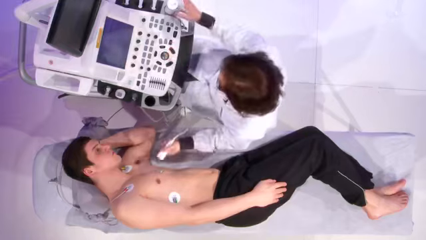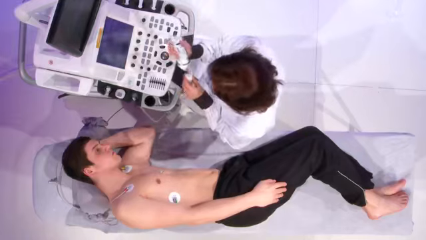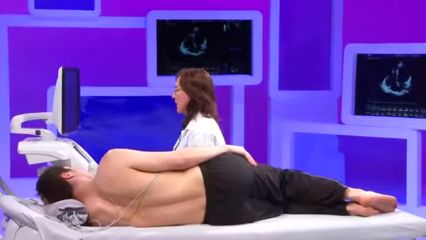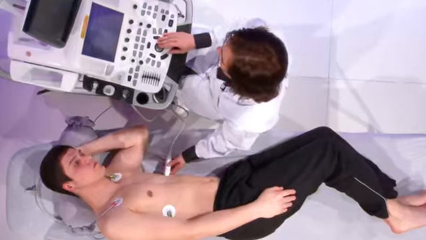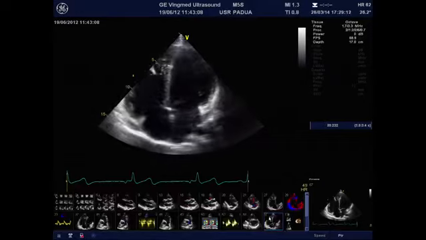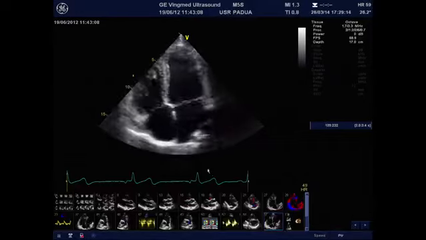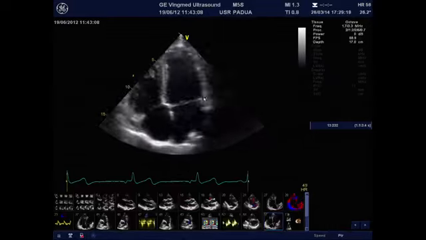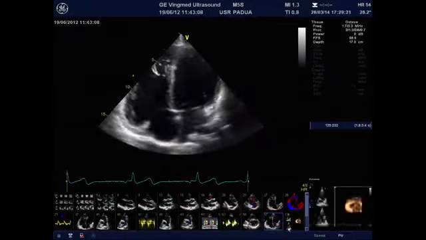Then if we move to the apical view, we will be able to see that there is a significant enlargement of the right heart cavities, because even qualitatively we see that the dimension of the right ventricle exceeds the dimension of the left ventricle.